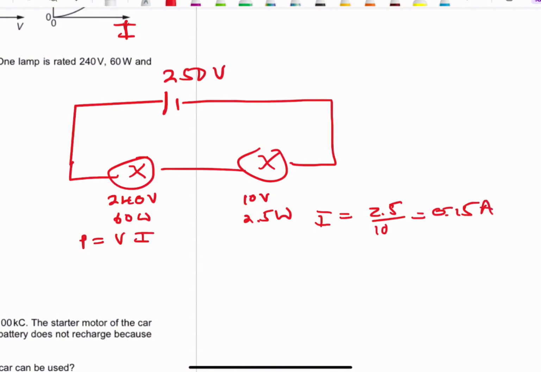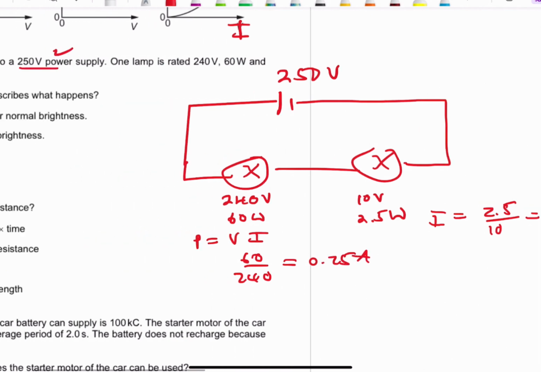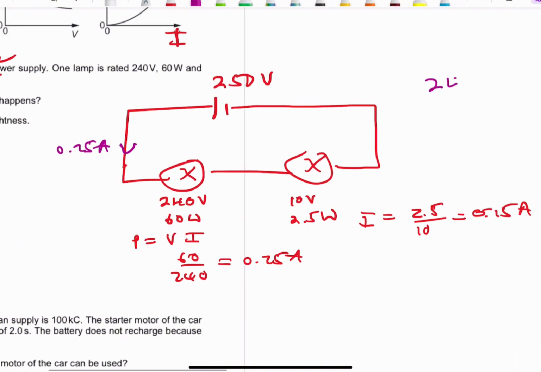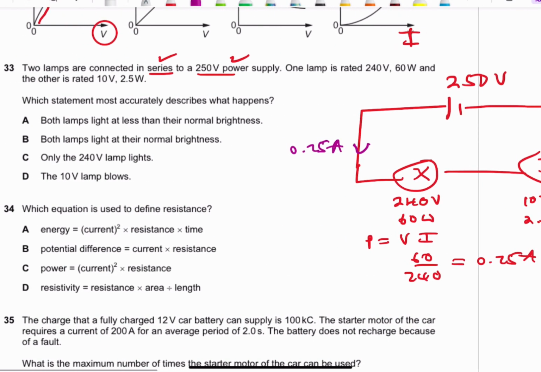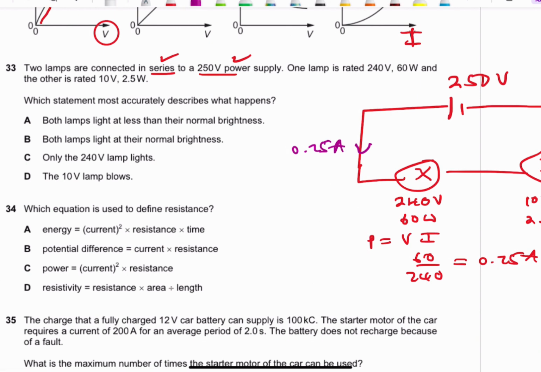The current here will also be 60 divided by 240, which is 0.25 amps. So the current flowing through here is actually 0.25 amps. If I say 240 plus 10, that's 250, which I have over there. They all get the same current. Everything is fine. The potential difference is fine.